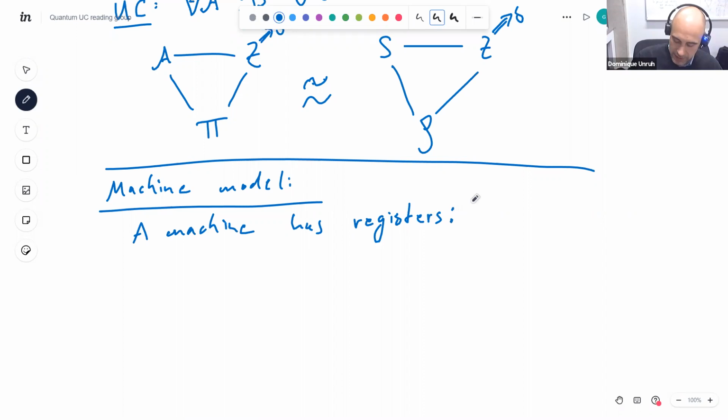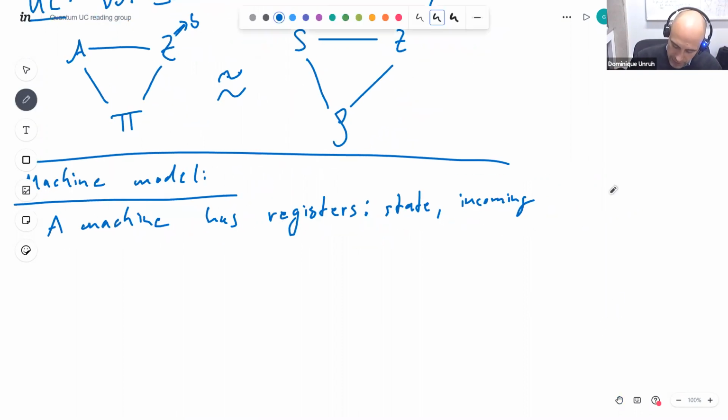And the registers it has are the internal state, then a register for incoming messages, and a register for outgoing messages.